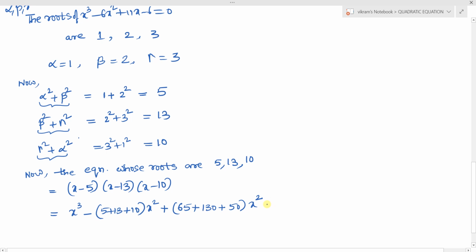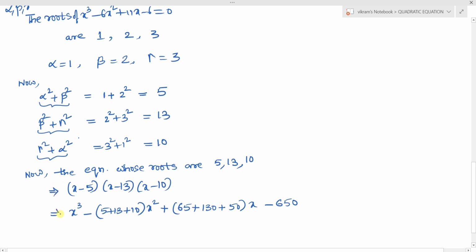Sorry, it is x only here. Next, minus the product of all the roots taken three at a time, the x power 0 coefficient, that means the product of the roots, 5 into 13 is 65, into 10 is 650.